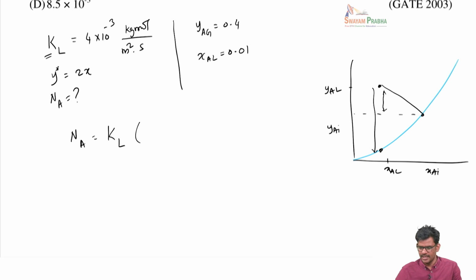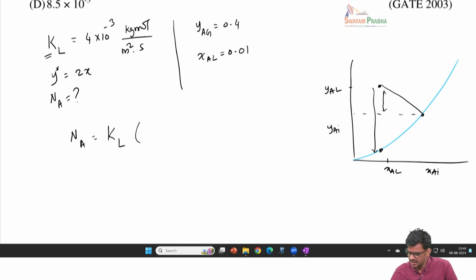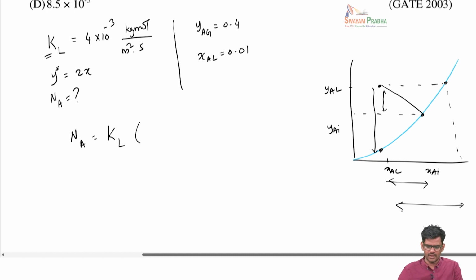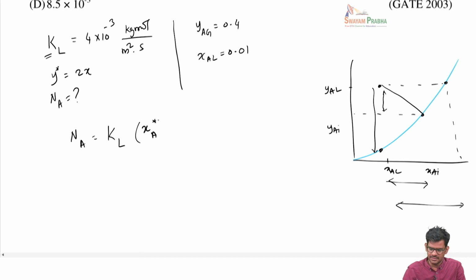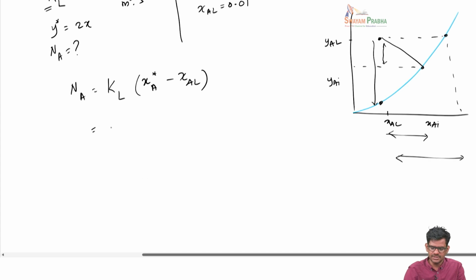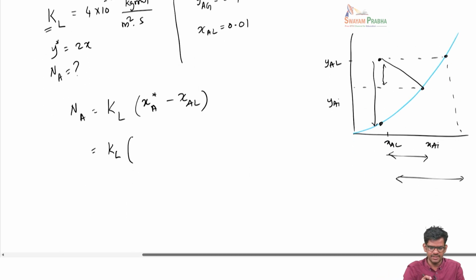What is given is the liquid phase overall coefficient. So instead of taking XAL to XAI, we should be taking the X star, which is in equilibrium with YAG. So XA star minus XAL. I don't know XA star, but I can get it from the equilibrium line corresponding to YAG. The equilibrium line is given here as 2x. So this would be YAG over 2 minus XAL.